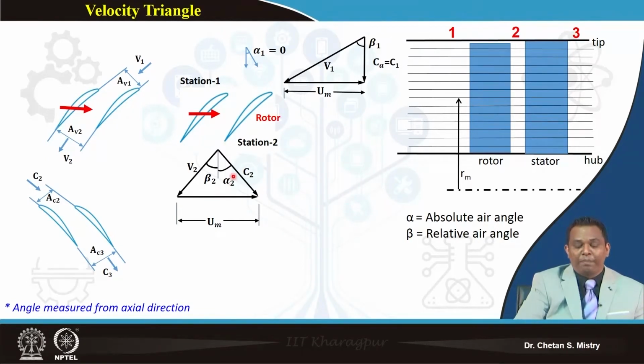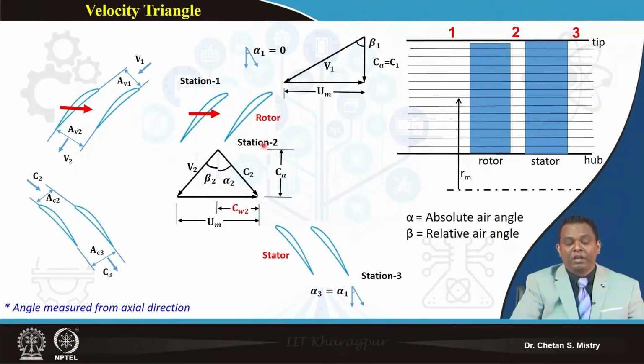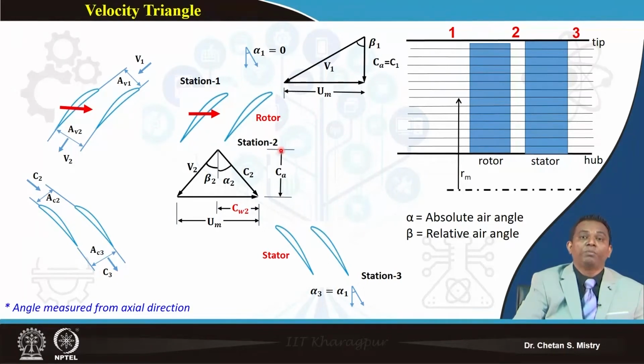Now what happens? This flow velocity, say c2, is the velocity with which my flow will be entering inside my stator. So let me put this as a stator. In the same way, at the exit I will put my angle alpha 1 equal to alpha 3. Let me put it here: we are assuming our axial velocity to be constant throughout the stage.